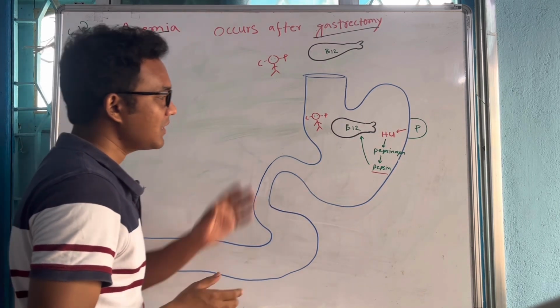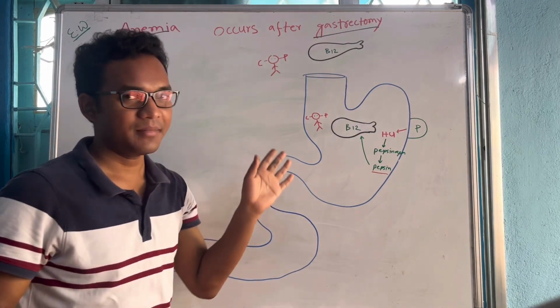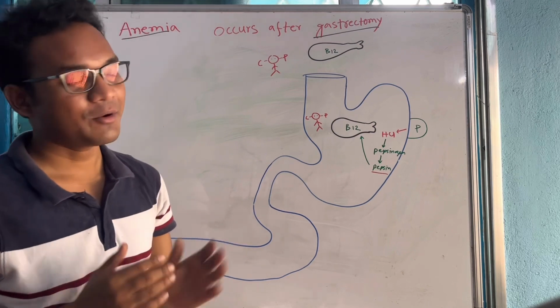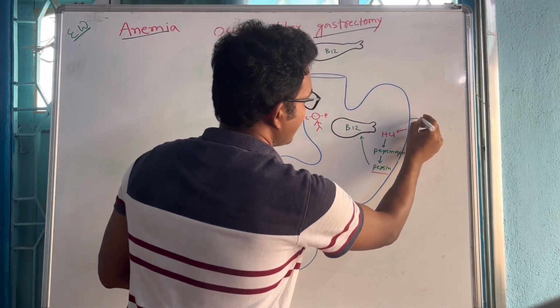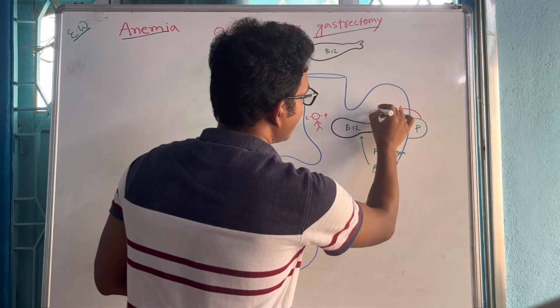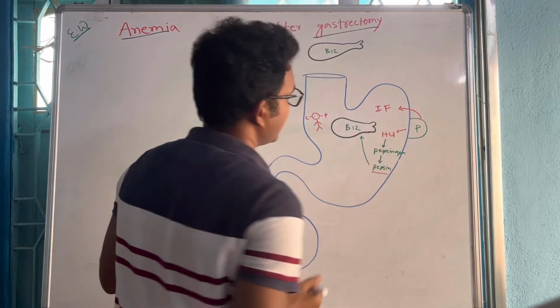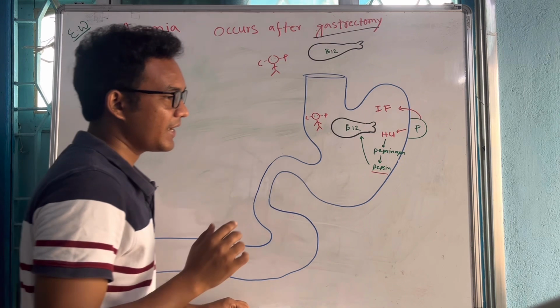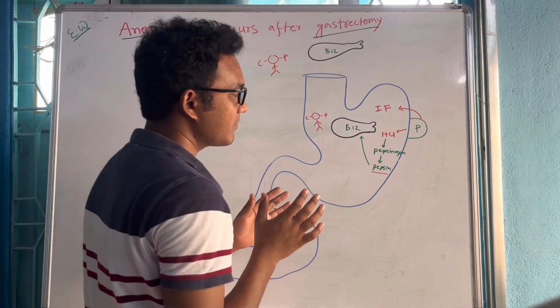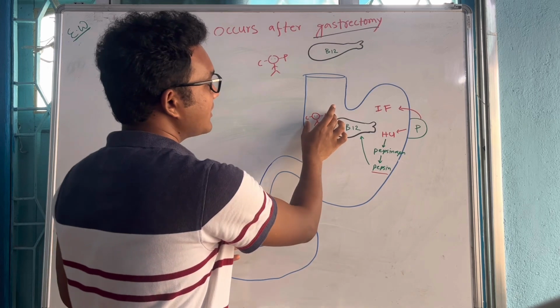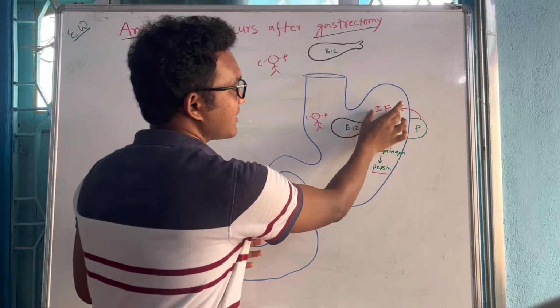Okay, here another actor comes in this story. The name of this actor is intrinsic factor. The parietal cell also secretes intrinsic factor. Now there is one actress and two actors: vitamin B12, which is now free, and cobalophilin is present, and intrinsic factor is present.